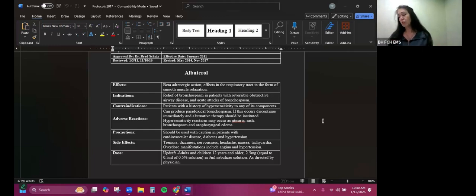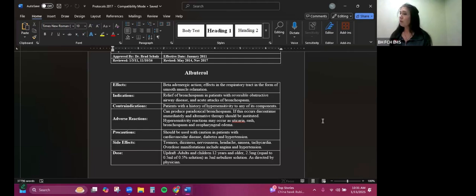Because we won't have another alternative drug for that. Racemic epi have a mineral on it? When we give it? I don't know if that's a mix or not.